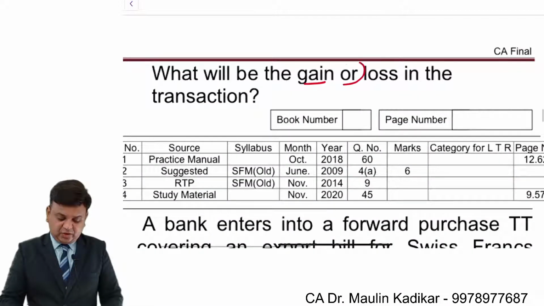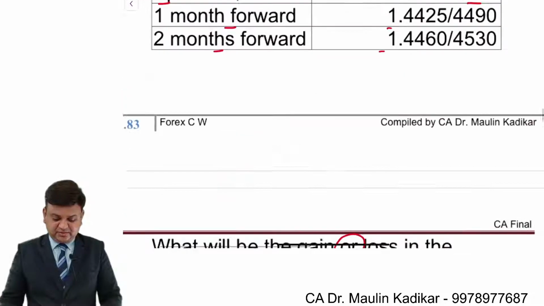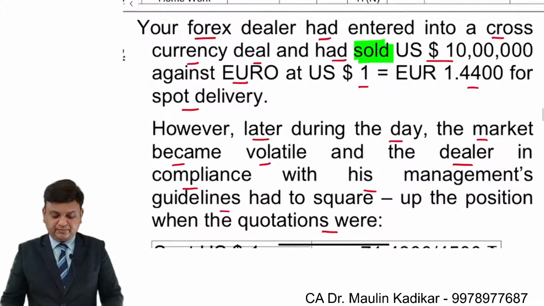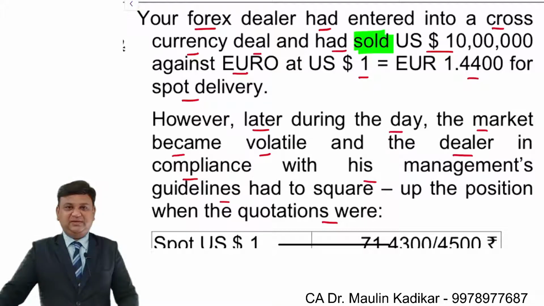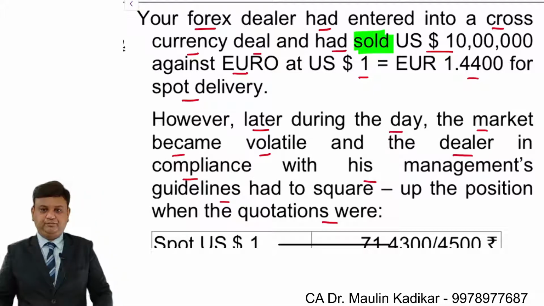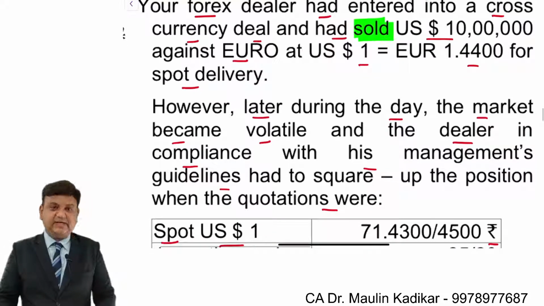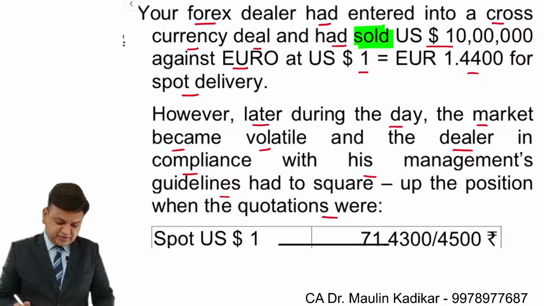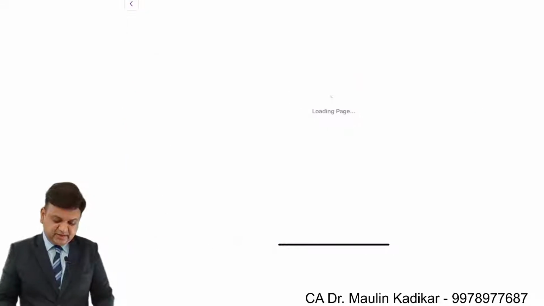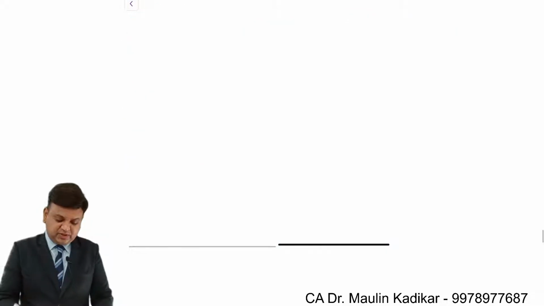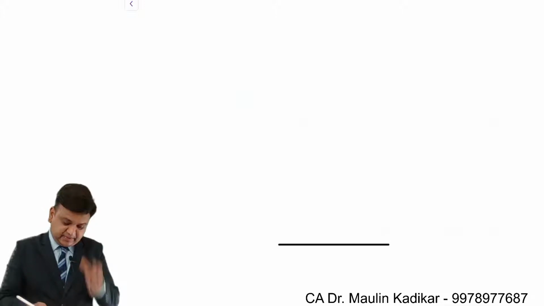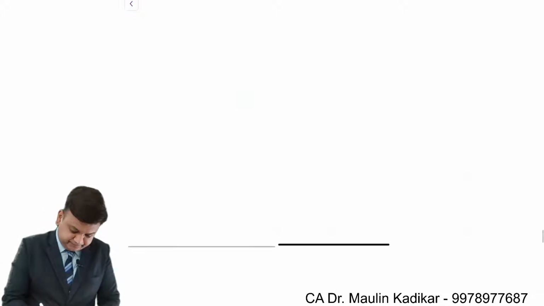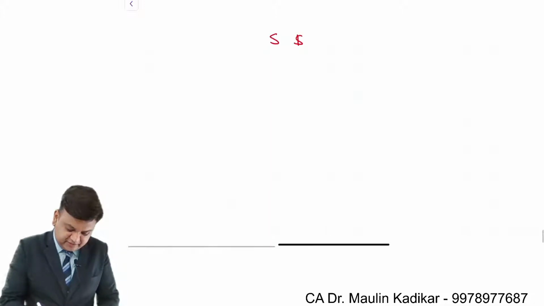What will be the gain or loss in the transaction? That is the question. Everybody please go through the question. So let us understand how to do the answer. Dear students, information is provided to us that initially a transaction was entered upon by you for sale of dollar and purchase of euro.